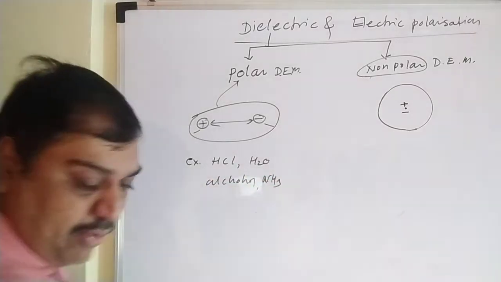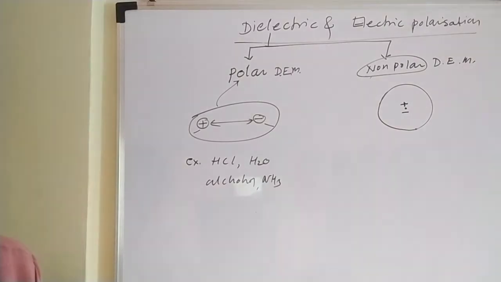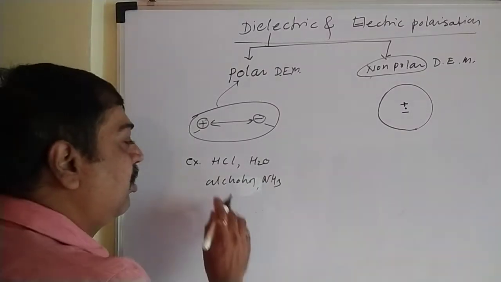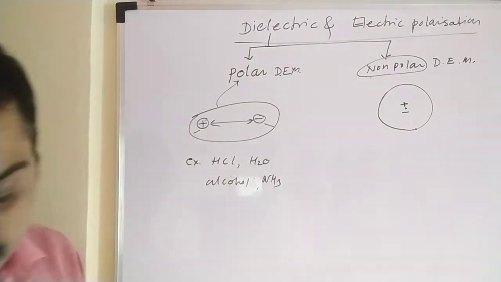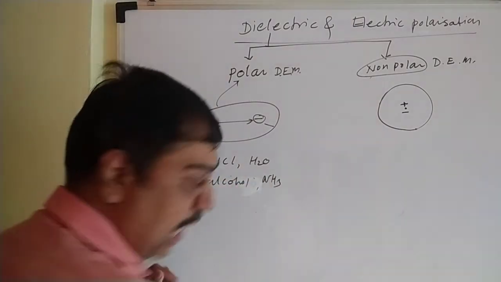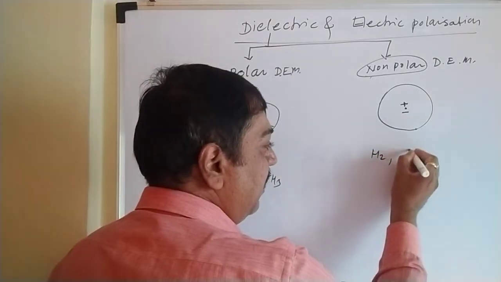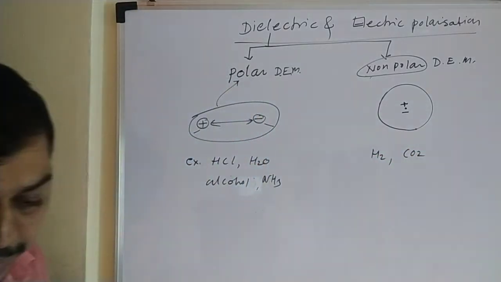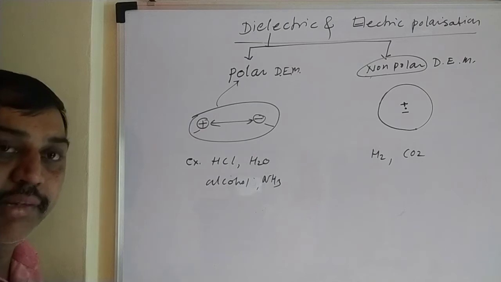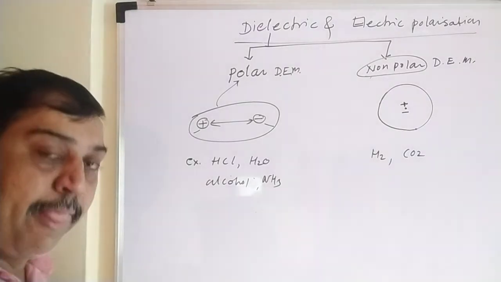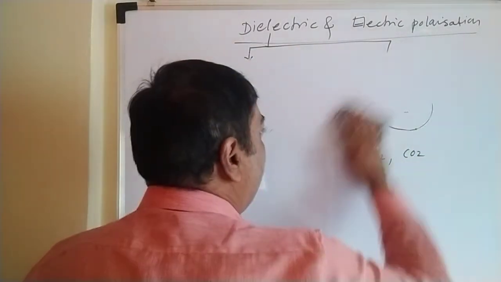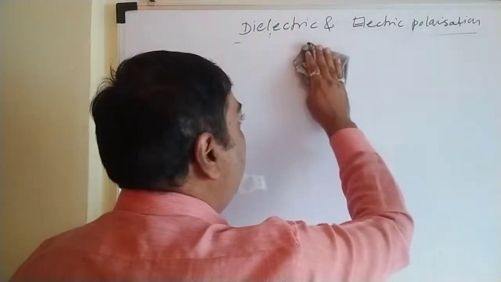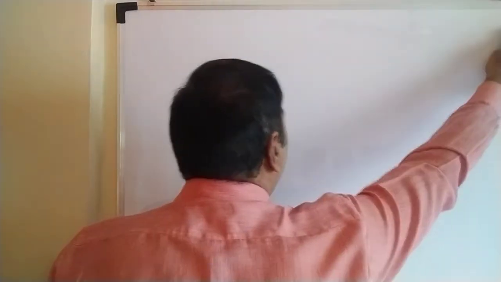These are examples of polar dielectric material. Non-polar dielectric material examples given: H2, then CO2. So there are two types of dielectric material, polar and non-polar, depending on whether the centers of gravity of positive and negative charges coincide or not.